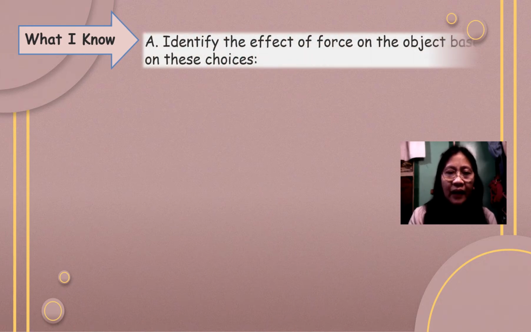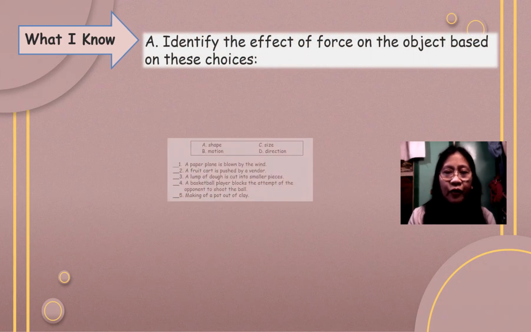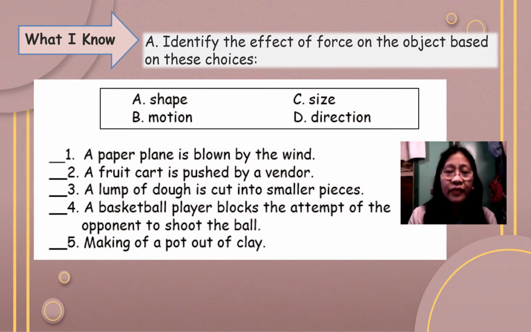Now let's find out what you know about force. Directions: identify the effect of force on the object based on these choices. The choices are, letter A is shape, letter B, motion, letter C, size, letter D, direction.